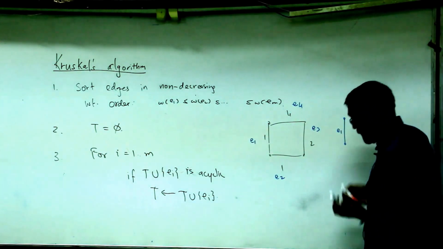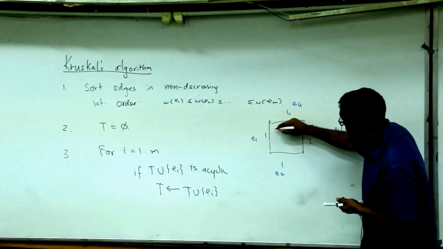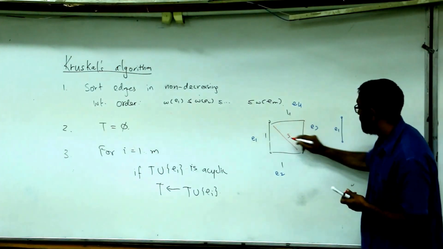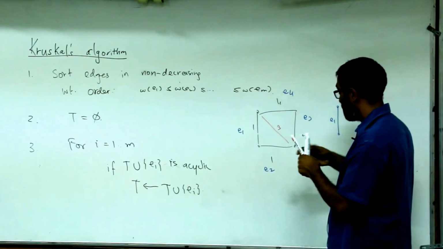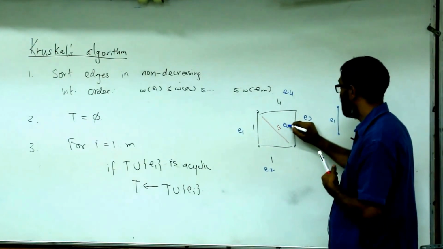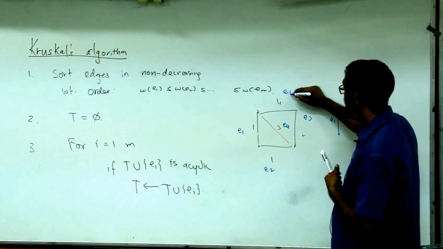Let me make it more interesting. I add one more edge, and this would become E4, and this guy would become E5.